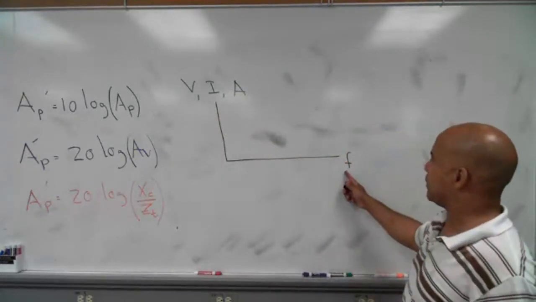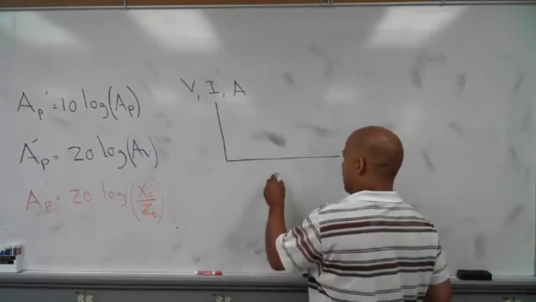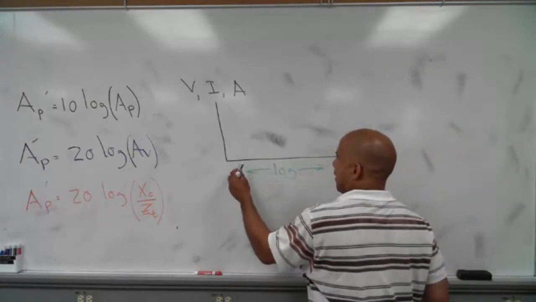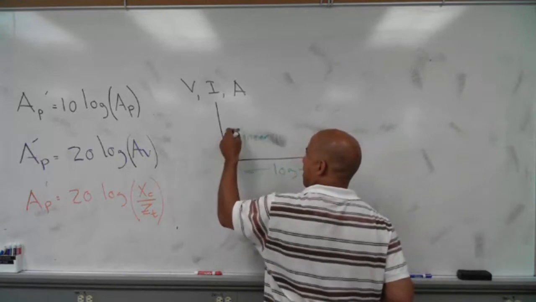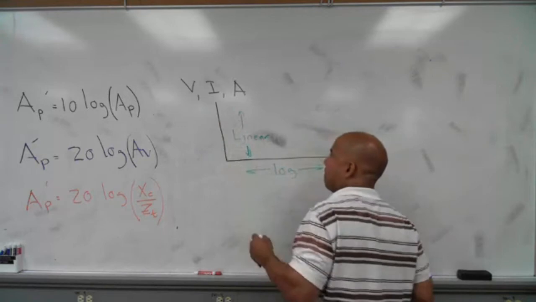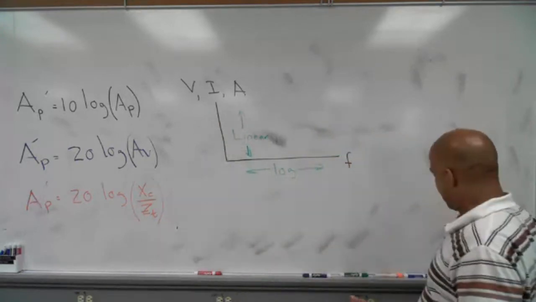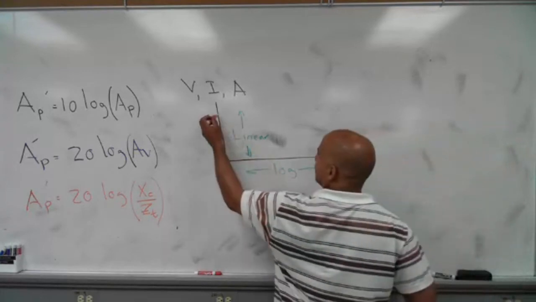This is frequency, but this scale right here is usually a log scale. And this right here is linear. This is a linear scale. But if I graph the frequency response curve for LPF, it looks like this.